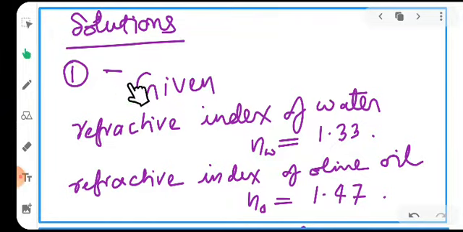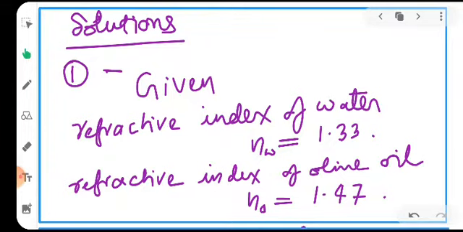Let me write down the given factors. In the question, we are provided with the refractive index of water, which was the absolute refractive index of water, and I denote it by n subscript w, where w stands for water. So the refractive index of water is 1.33, and again we have the following information about the refractive index of olive oil, and here n subscript o.